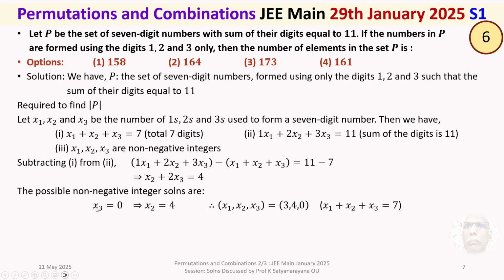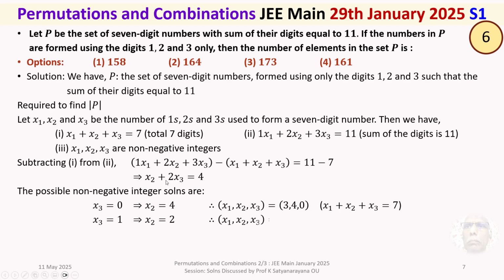So x3 is 0, x2 is 4, but x1 plus x2 plus x3 is 7, so x1 will be 3. So 3, 4, 0. That means there will be 3 ones, 4 twos, and 0 threes. That is one possibility.